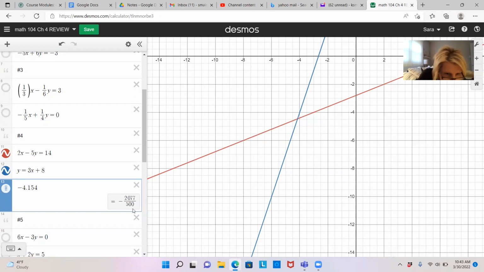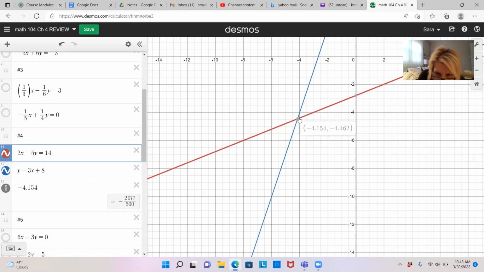And so either of these would work. You're going just by what Desmos is giving you. So that negative 4.154 is a rounded decimal, and that's why.